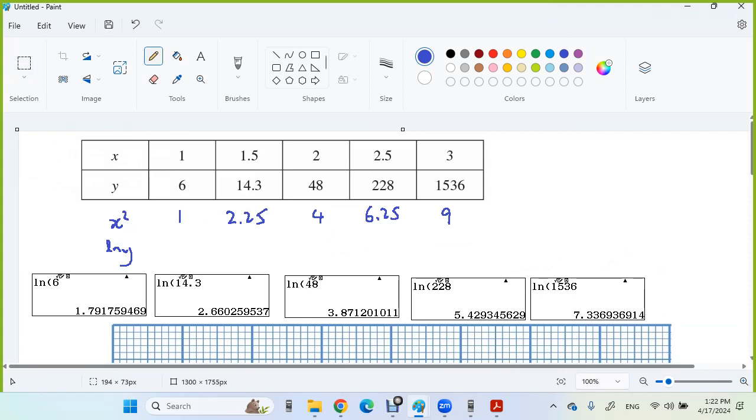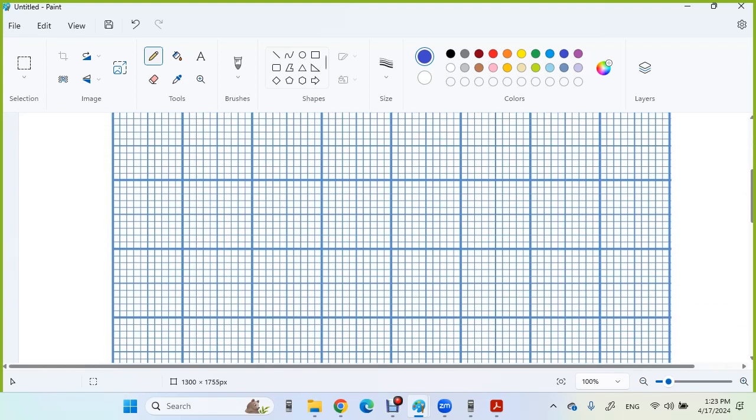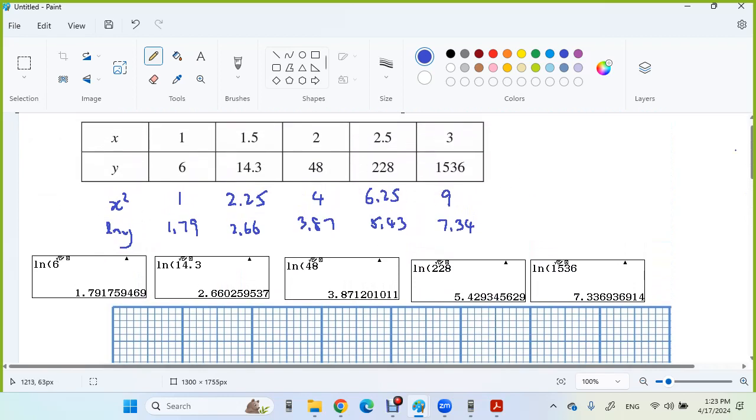We write correct to 2 decimal places: 1.79, 2.66, 3.87, 5.43, and then 7.34. Okay, so we need to draw this.